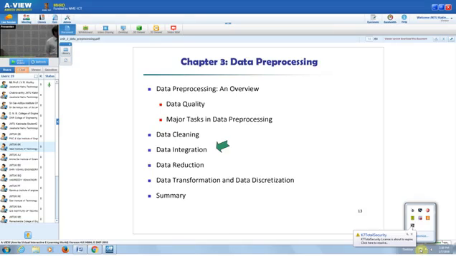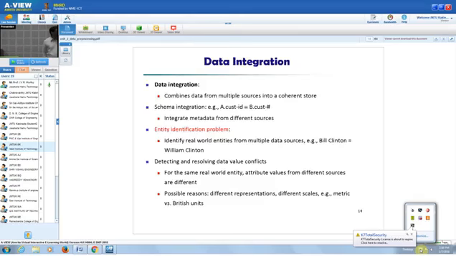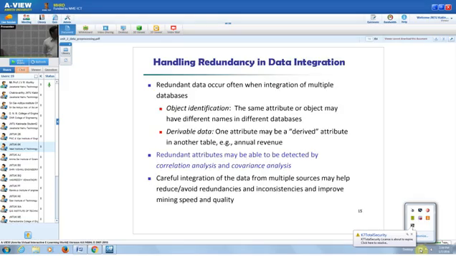Data pre-processing. Data pre-processing covers data quality and data integration. Next slide, please. These things I think you can follow a bit easily.